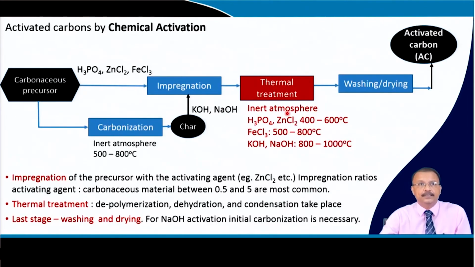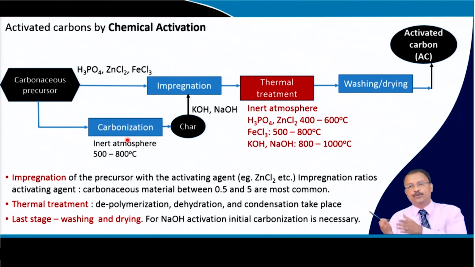The second method that is used, we call this chemical activation. So, here also you take this carbonaceous precursor, and then you go for an impregnation step. So, you treat it with phosphoric acid or zinc chloride. They are called activating agents, and this impregnation ratio, that is, of the activating agent and the carbonaceous material, you can change that.